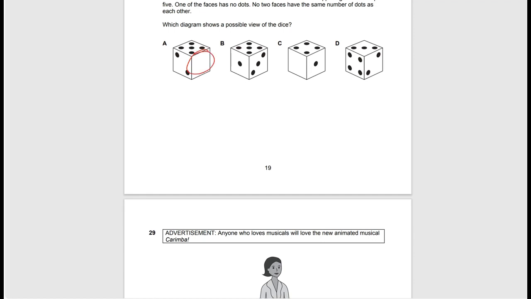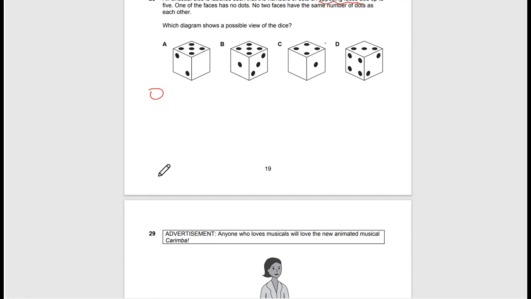One face on this die has 0 spots. And we know that each pair of opposing faces add up to 5. So the other face is going to be 5. The number that matches with 0 would be 5.